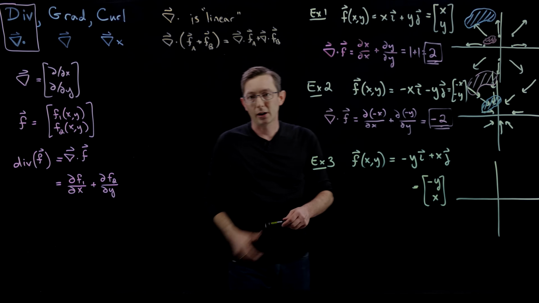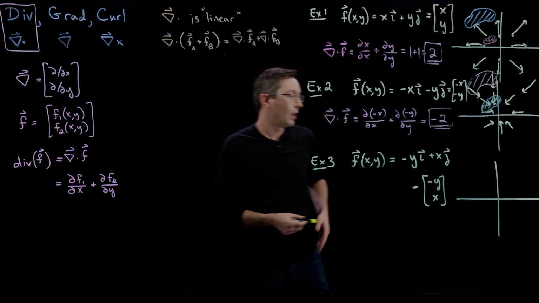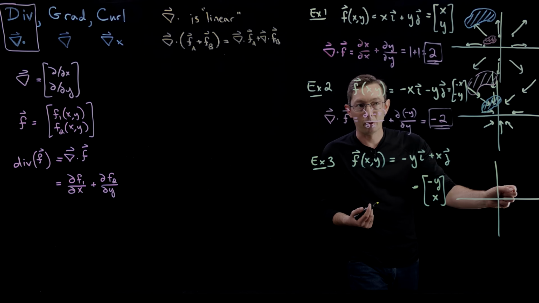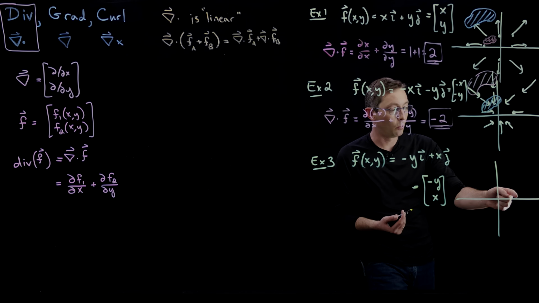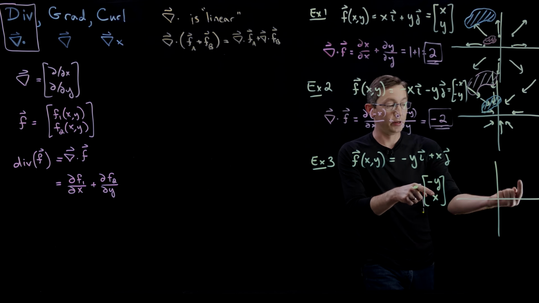Again, if I want to draw this vector field given by F, I literally just take test points and evaluate what this vector is at all of those test points. At the point (1, 0), when x is 1 and y is 0, this vector is (0, 1), which points up.